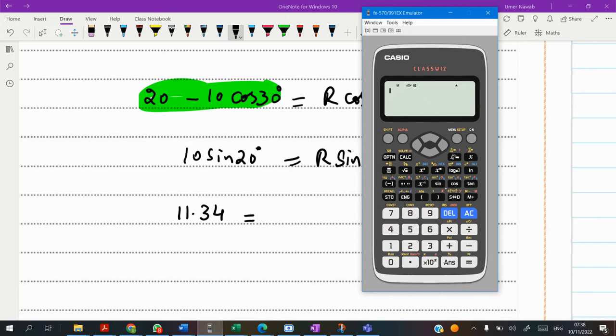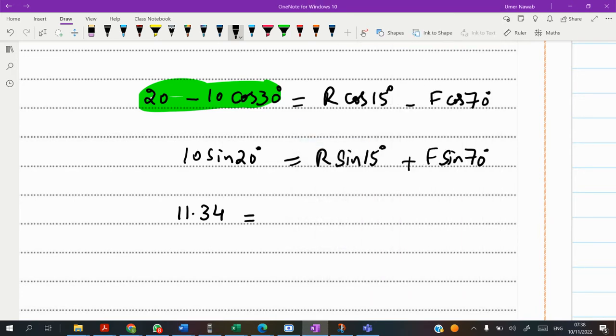What is cosine 15? Cosine 15 equals 0.9659, along with R. All values I'm writing to four significant figures.